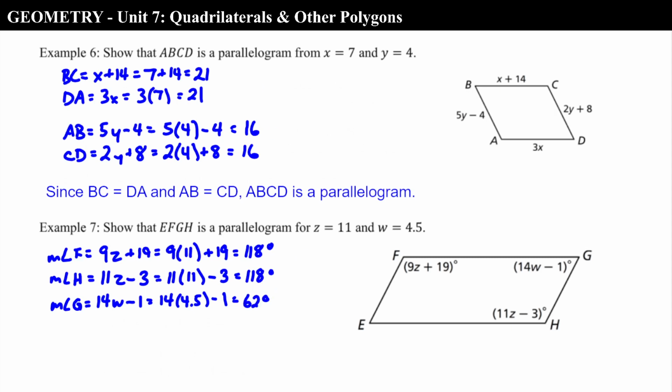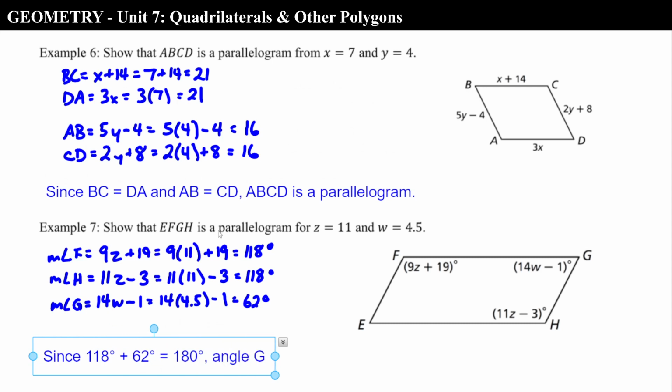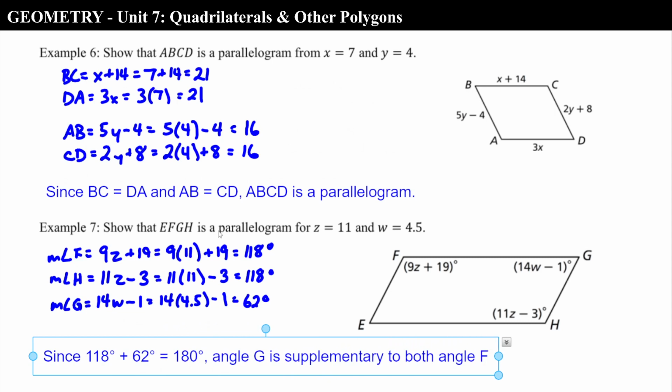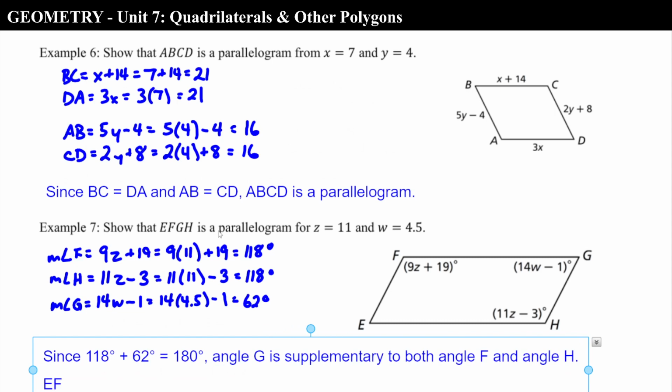So now that we have shown that everything works out, we're just going to sum up with a statement. Since 118 degrees plus 62 degrees is 180 degrees, we know that angle G is supplementary to both angle F and angle H. Therefore, we can say EFGH is a parallelogram.